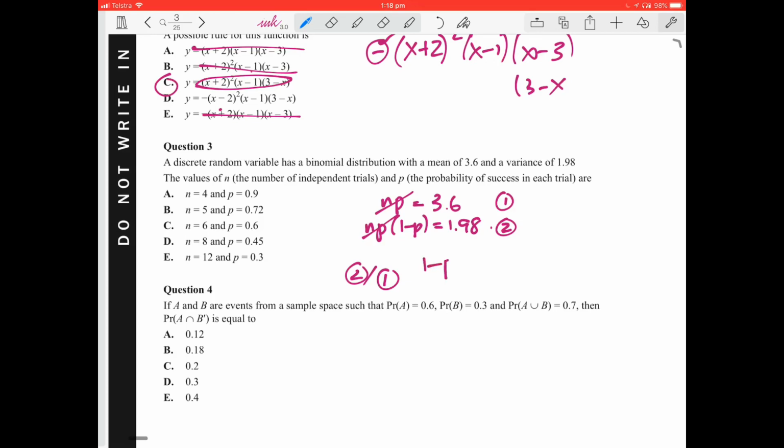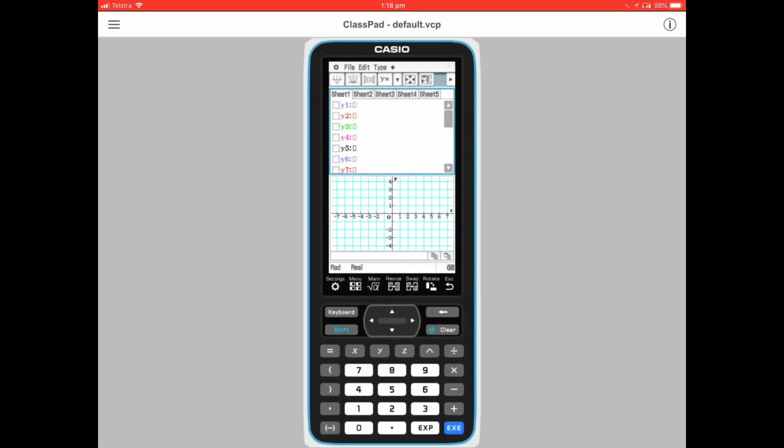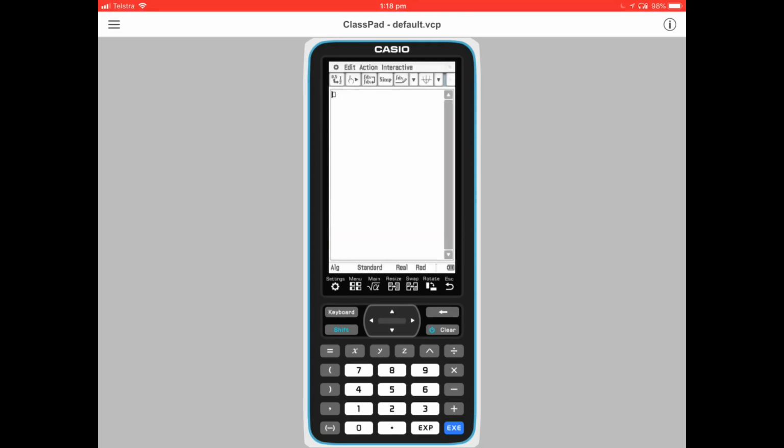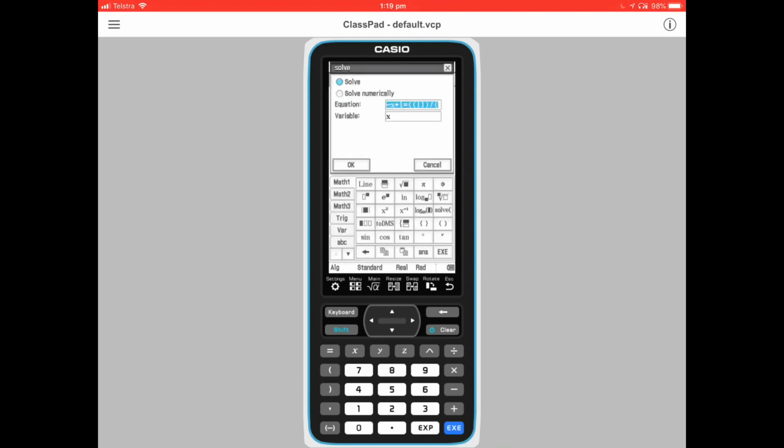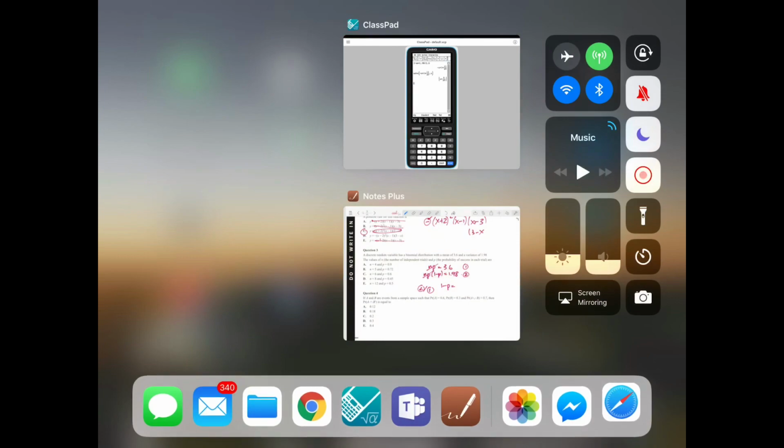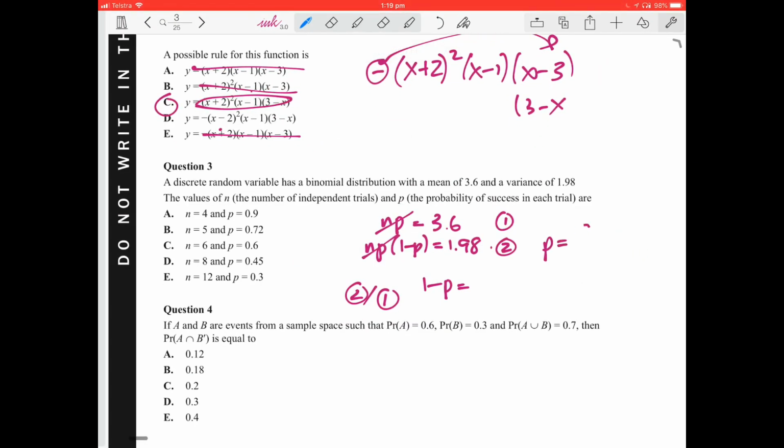So I get 1 minus P equals 1.98 on 3.6. Solve for P. Okay, so P is 9 on 20.